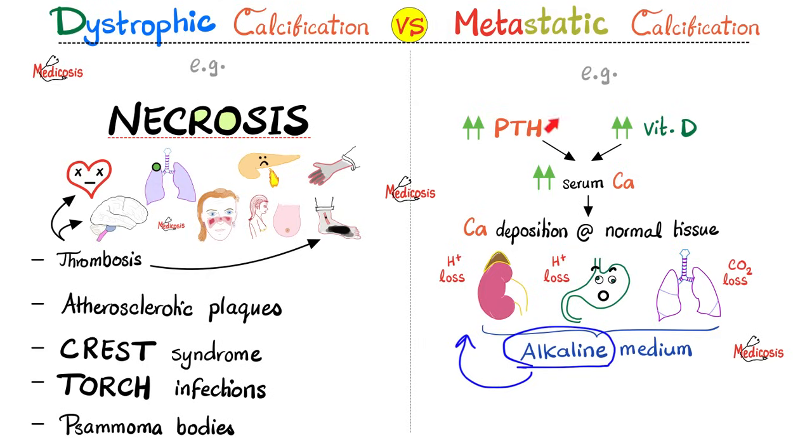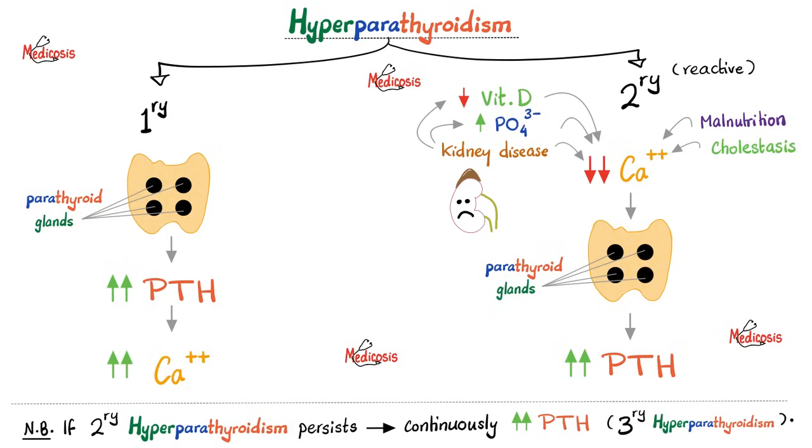What causes hyperparathyroidism? Well, it could be primary hyperparathyroidism or secondary hyperparathyroidism. Primary hyperparathyroidism could be caused by a parathyroid hyperplasia or adenoma or adenocarcinoma. Whatever the case might be, at the end of the day, the parathyroid glands are making too much PTH, which is going to raise the calcium.